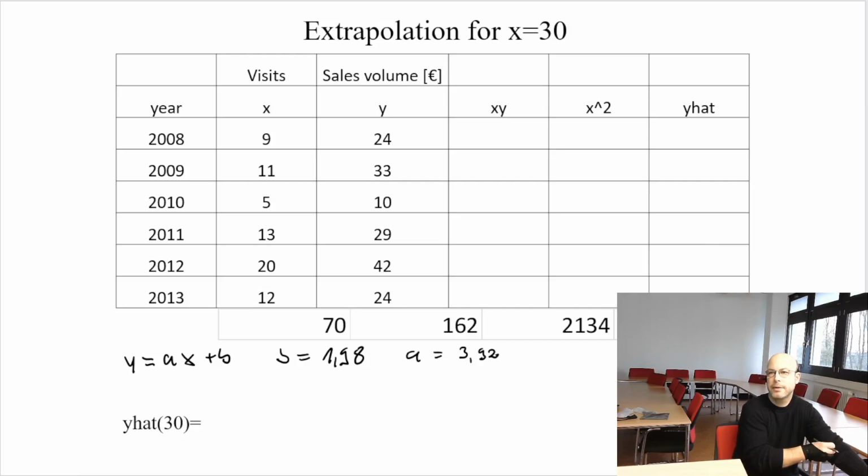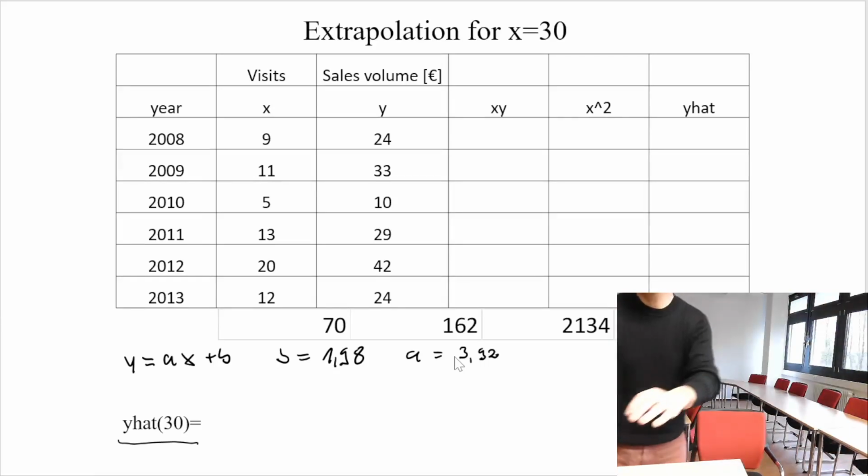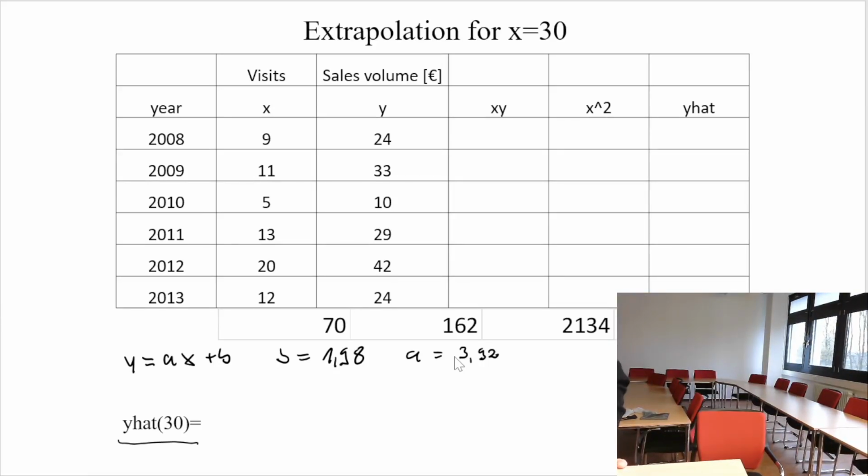This is again something like a forecast, where we can say, okay, what is the proposed sales volume for 30 visits? Oh, yes, since I'm again alone here, I have to think about this.